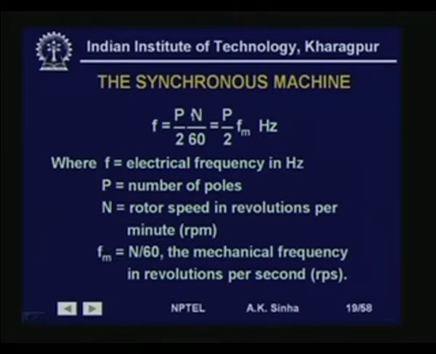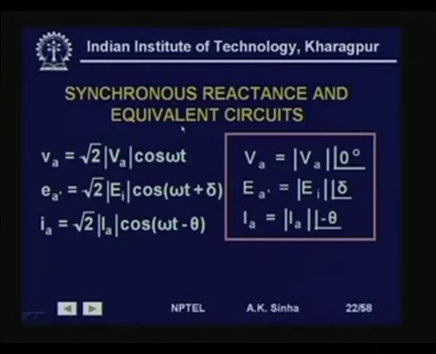So this is 300 by 60, so this is 5, and this is 50. So, here we need how many poles? 20 poles will be required for this machine. So, depending on the speed, the number of poles change, and for low speed machines we need a very large number of poles, and therefore, there we use salient pole structure.